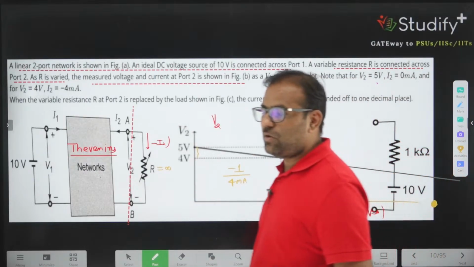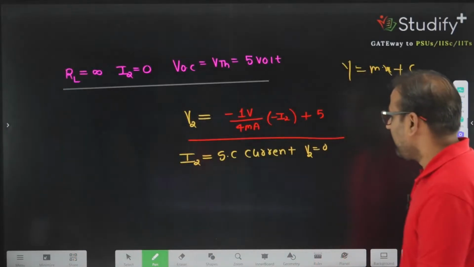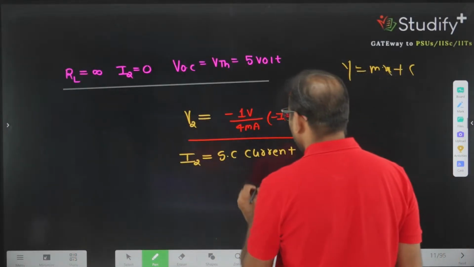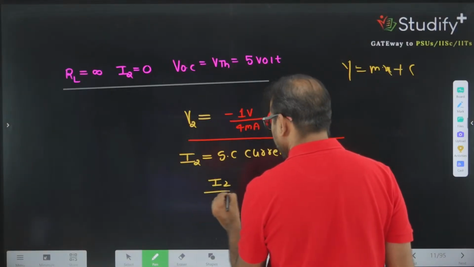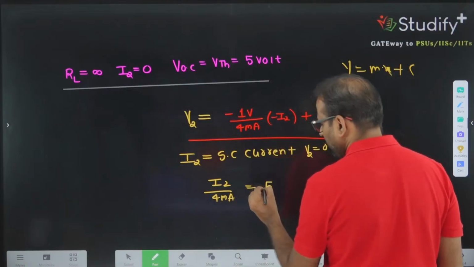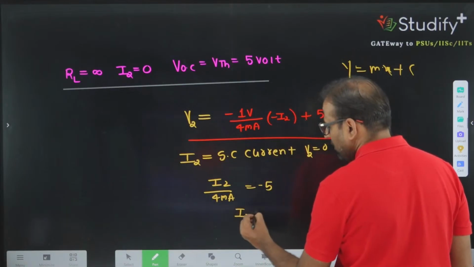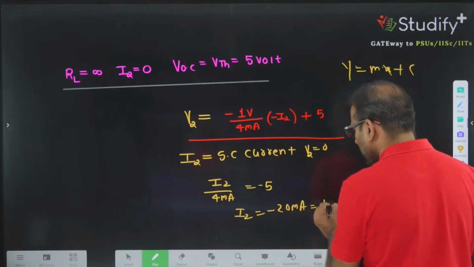When V2 is 0, this is the short circuit current. So if you make V2 equal to 0, what do I have? I2 divided by 4 milliampere equal to 5, so I2 equal to minus 20 milliampere. And that current is known as short circuit current.